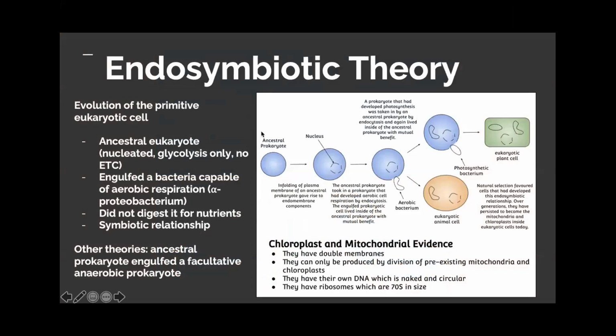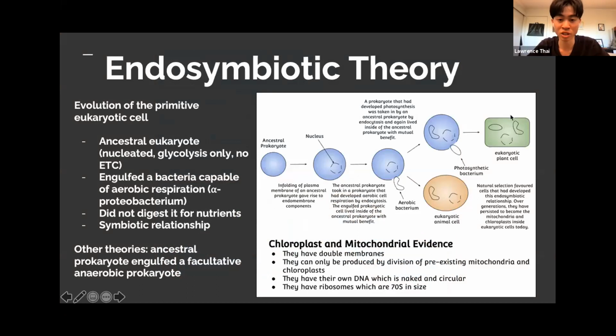Right. So endosymbiotic theory. If I wanted to summarize this, it's pretty much just Pac-Man. So we originally had an ancestral eukaryote, and we had an aerobic bacteria, and literally the ancestral prokaryote ate the bacteria that could do aerobic respiration.